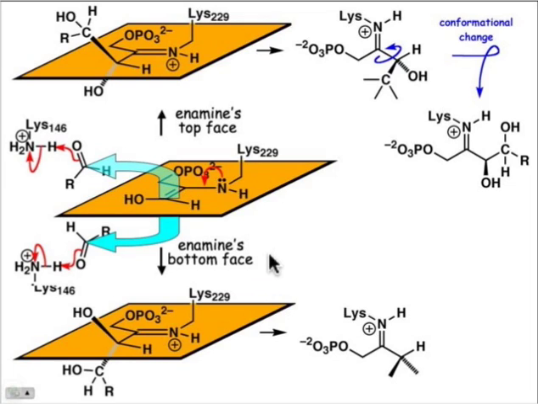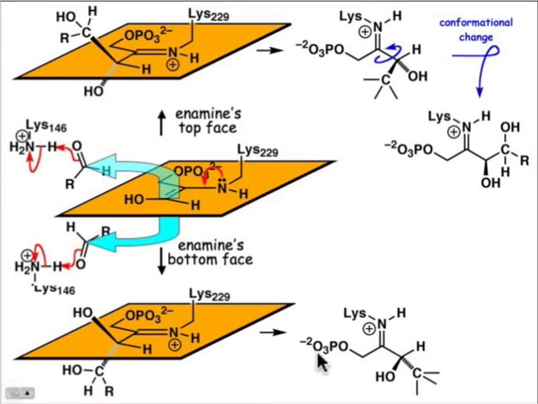The bottom face addition changes the geometry here. Since we're doing bottom face addition, the carbon-carbon bond is going to be below. We're going to have the hydroxyl group above, and we're going to keep this hydrogen atom in the plane. That's our reference point. Now, we redraw the atoms that are in the plane, starting with the oxygen of the phosphate group, ending with the hydrogen atom. There they are, and now we can see that this position must be the hydroxyl group coming out as we've rotated that perspective into the plane of the page.